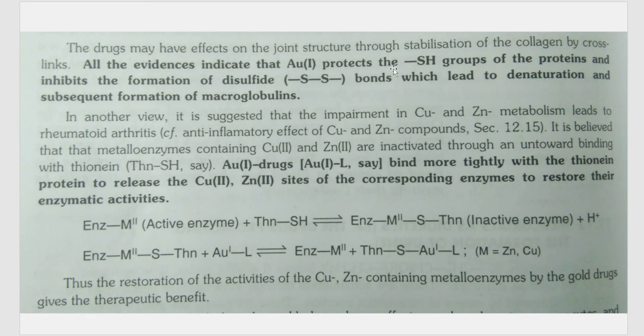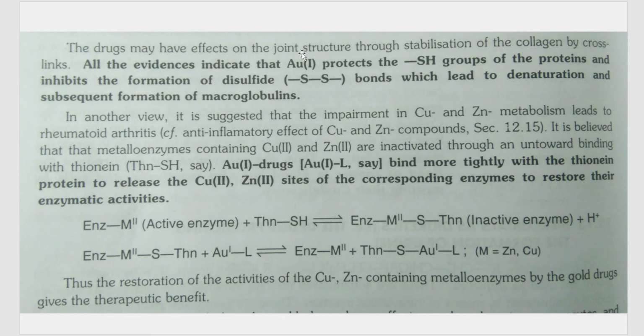So what exactly do the gold drugs do? You know that they enter into the lysosomes and act, but here a little more detailed mechanism is given: they go into your joint. Arthritis is nothing but pain in the joints, correct? Because of a problem in the bones, there is pain in the joints.